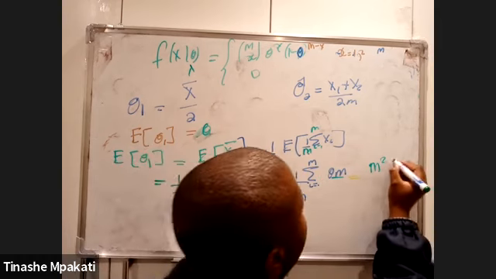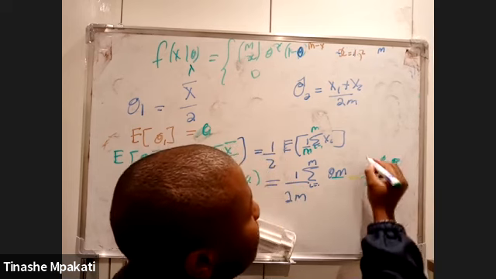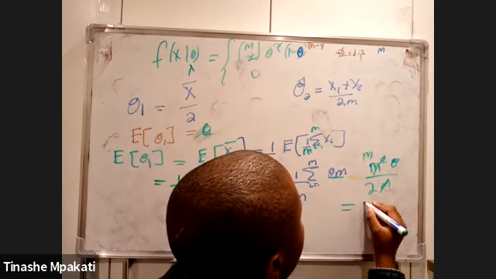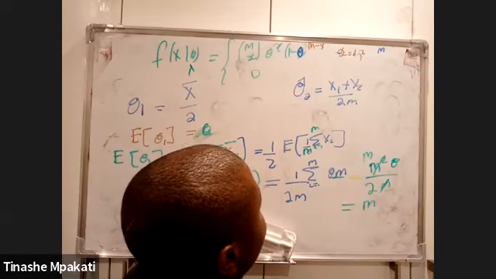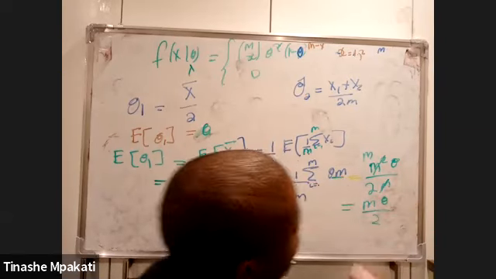That m will cancel, and what we actually end up having is m theta over 2, like that.